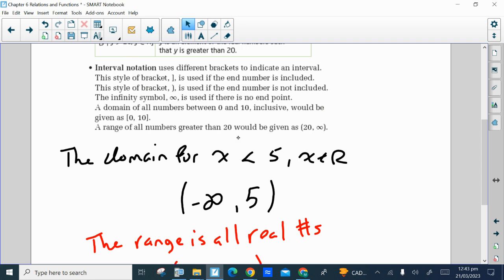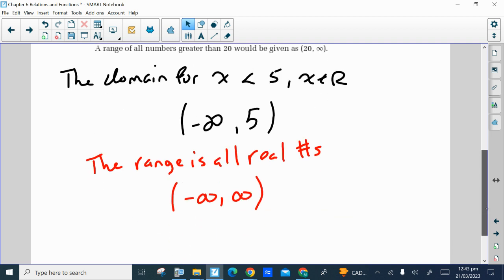So this next example, the range of all numbers greater than 20. Remember, if it just says greater than 20, it means that 20 is not included. So that's why we have a rounded bracket on 20. And all numbers greater than 20 means you're going up to positive infinity. And infinity can never be included, so again, you need to use a round bracket there. There's a couple more examples.